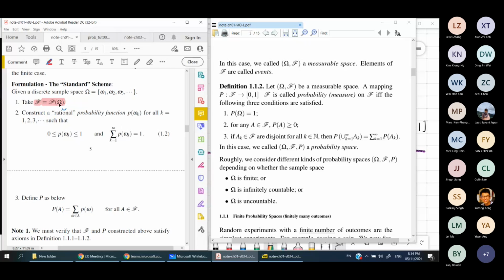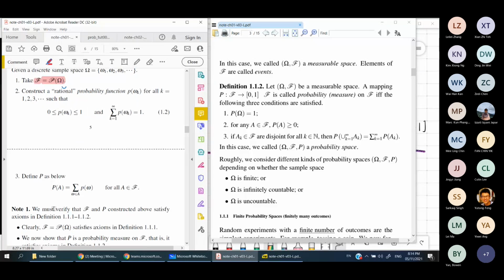Now we need to verify that P fulfills the three axioms in definition 1.1.2. This was done already in our last lecture. That means we have to make sure our P fulfills these three properties here.